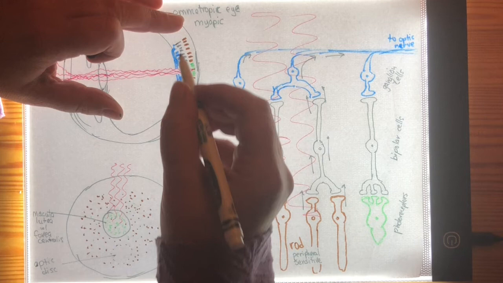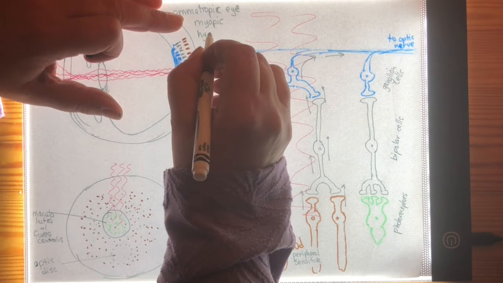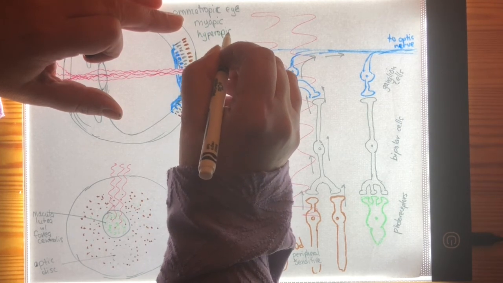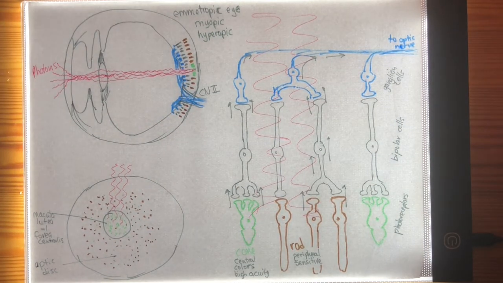Now, myopic eyes are going to be corrected with some kind of a concave lens, a lens that dips in the center. As opposed to hyperopia, and hyperopia is the opposite problem. The main cause of hyperopia is an eyeball that is actually too short, and therefore the light is going to be focusing behind where the retina exists, and this would have to be corrected with a convex lens.